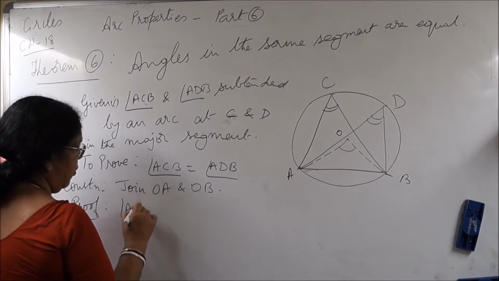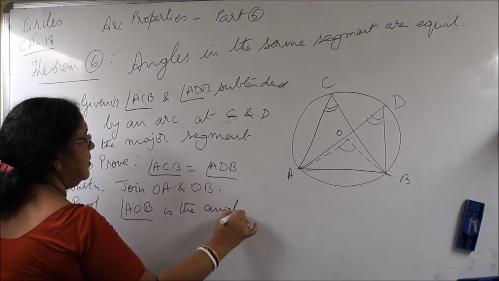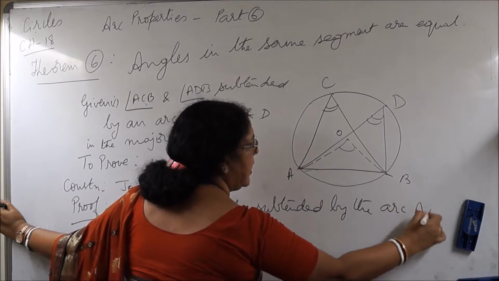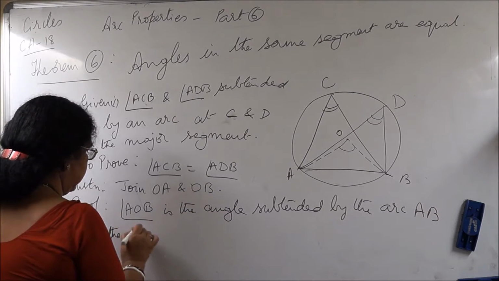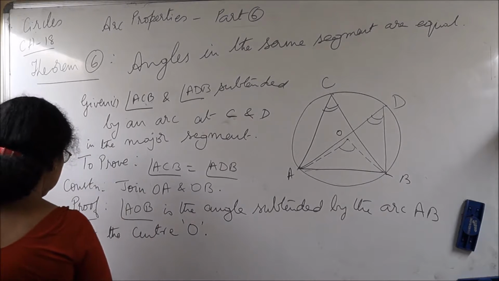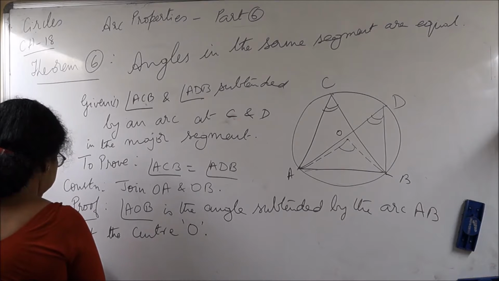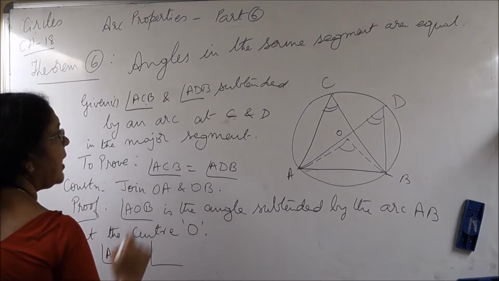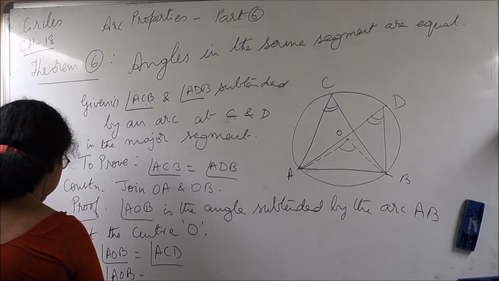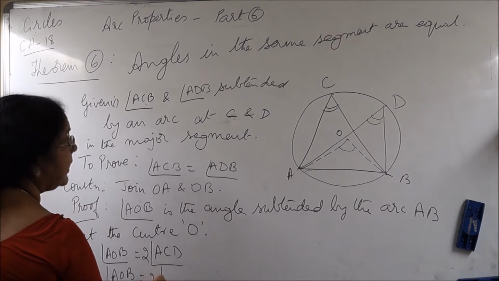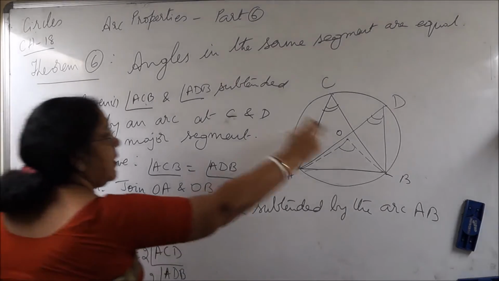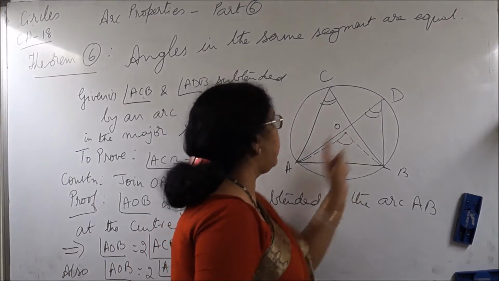Now proof. Angle AOB is the angle subtended by the arc AB at the center O. According to our previous theorem, angle AOB is equal to twice angle ACB and angle AOB is equal to twice angle ADB.